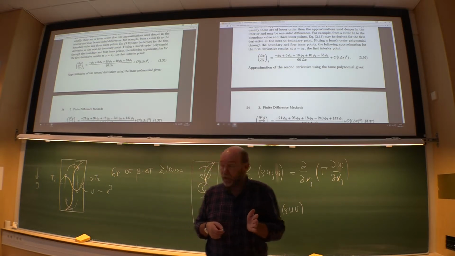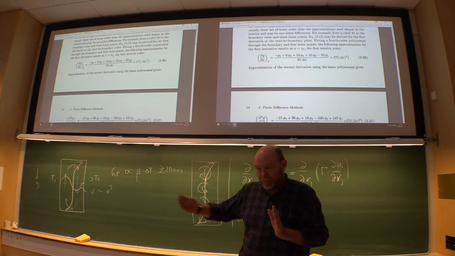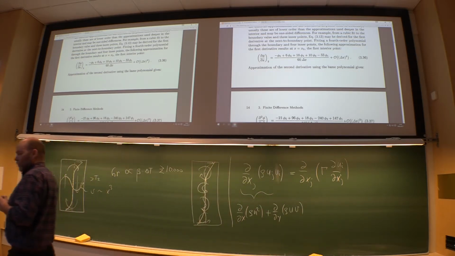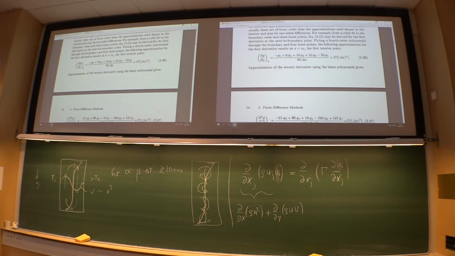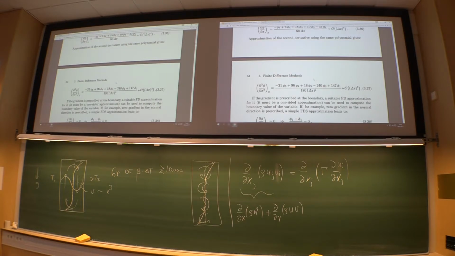The boundary point, number 1, is where you want the derivative. Then you have to go 5 points inside the domain actually to have that kind of order. Can be a little bit messy to program. A lot of bookkeeping.